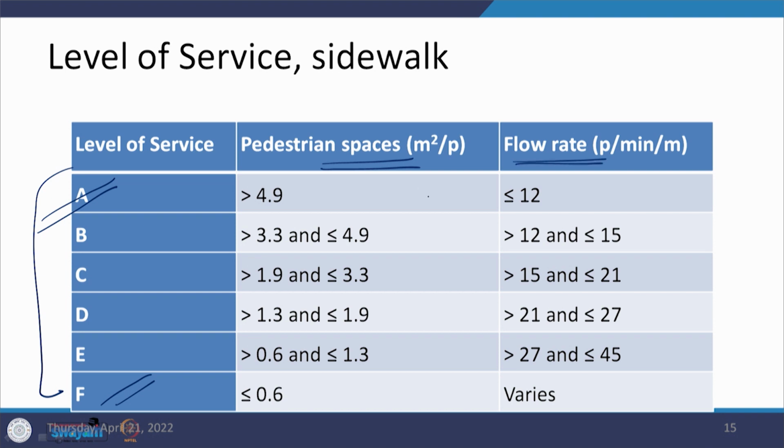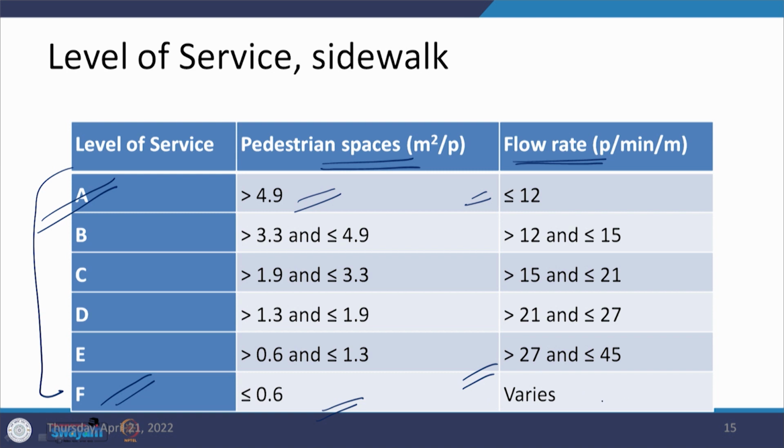The space available in category A is quite high, roughly around 5 meter square per pedestrian, but at level F it is much lesser than even 1 meter square per pedestrian. And the flow rate is very low in A, but in F the flow has increased a lot in terms of pedestrians per meter per minute.